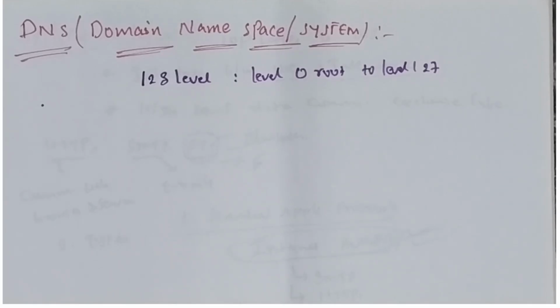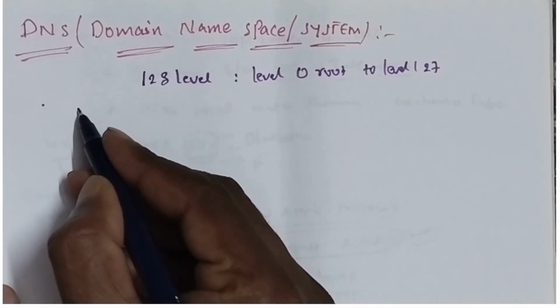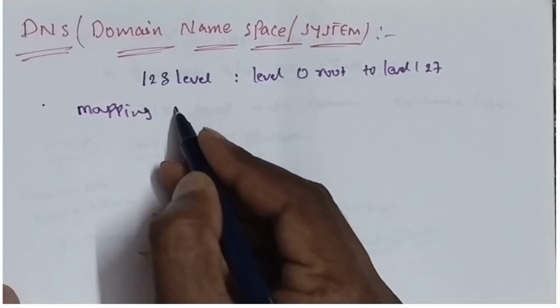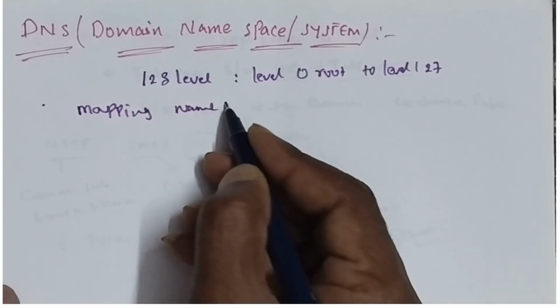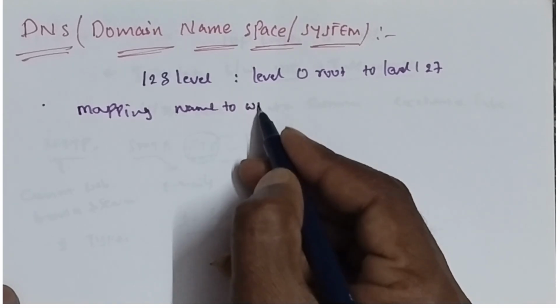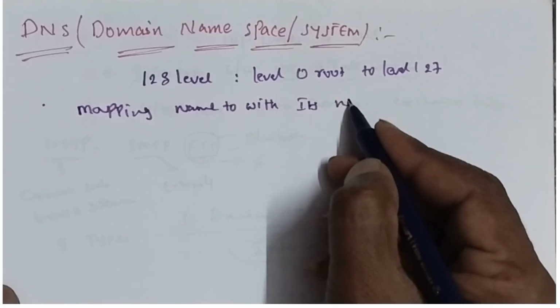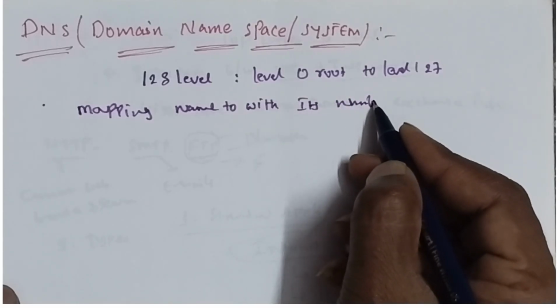DNS is a directory service that provides a mapping between the name of a host on the network and its numerical address. It will map the name of the host with its numerical address.